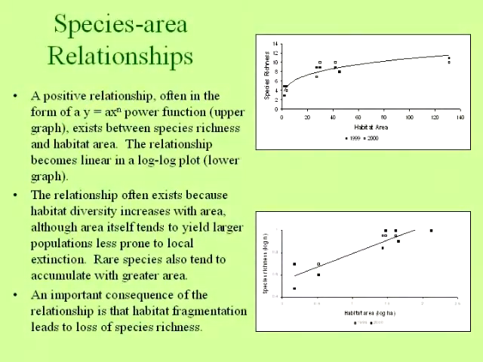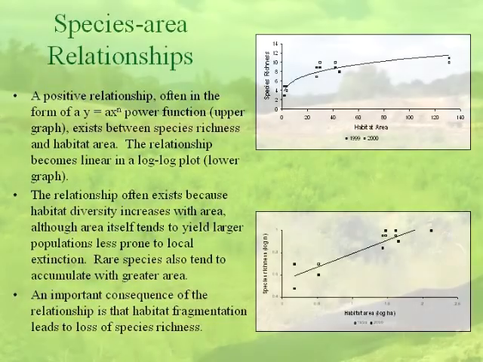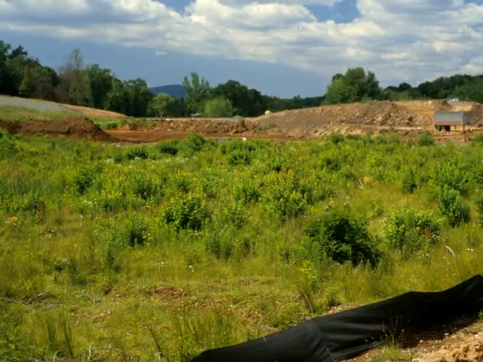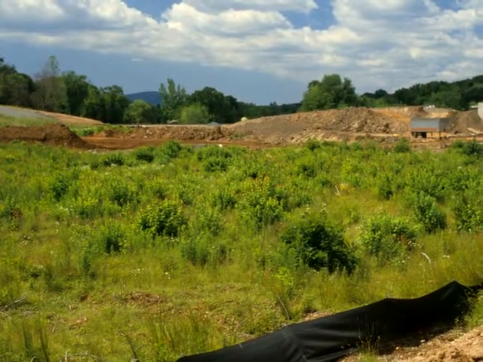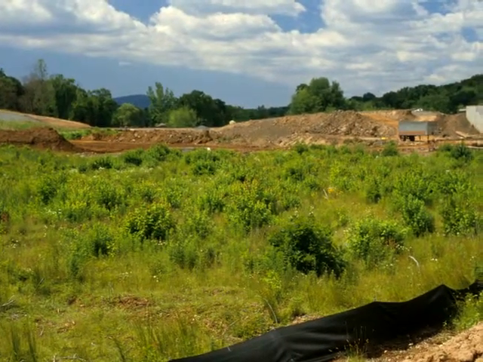Now this species area phenomenon also has rather significant conservation implications. If, for example, we have a large block of habitat occupied by a number of species, and we then break up that habitat, if we have a woodland, for example, and we log off parts of it, or a marsh and we fill in parts of it, then what's left is likely to not support so many species anymore.